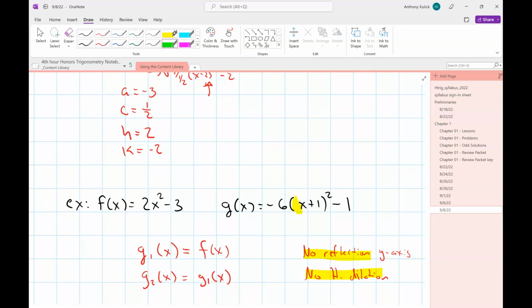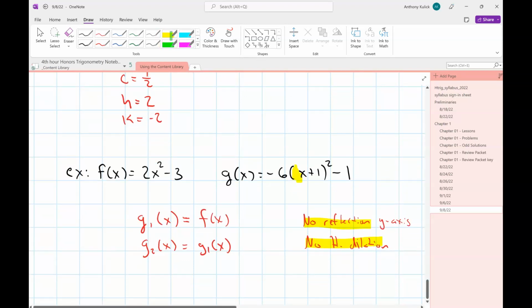Next thing I need to do is look at the a, right? The first thing I'm going to do is look at the sign of the a. Going from f to g, did the sign change? Yes.